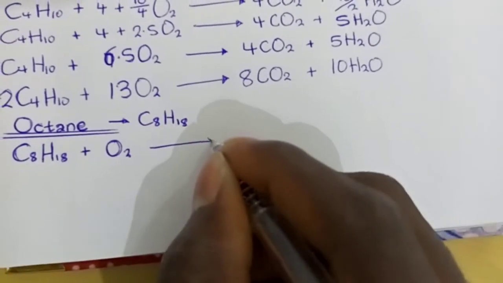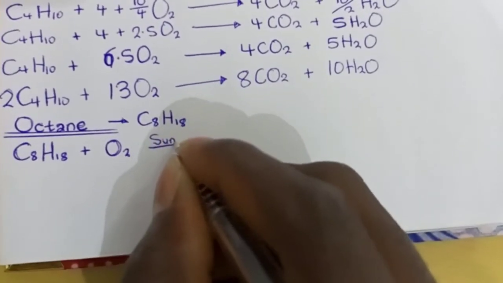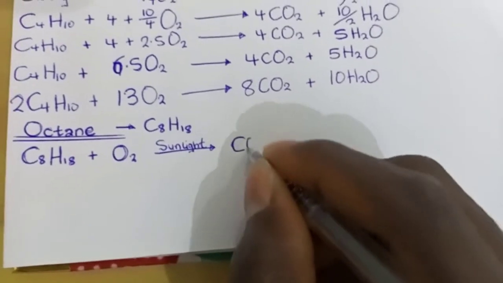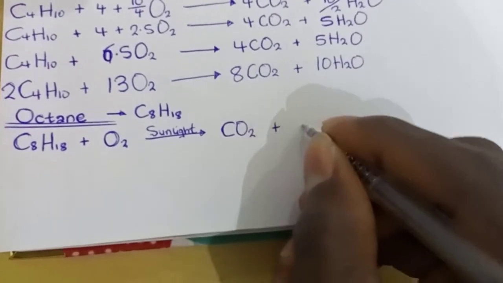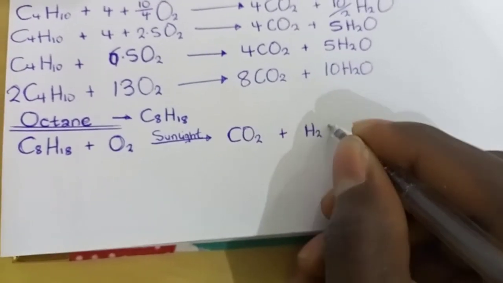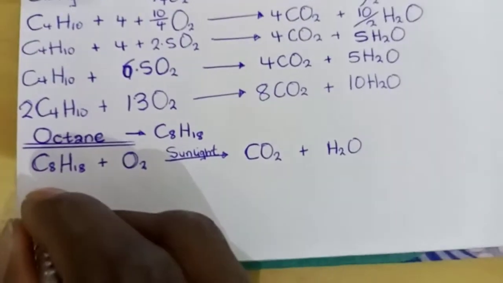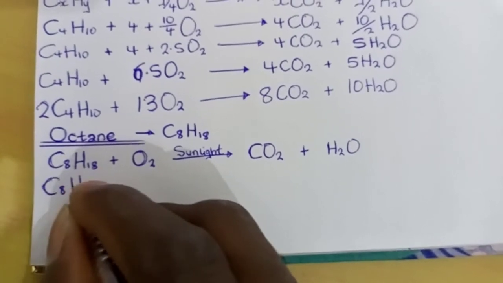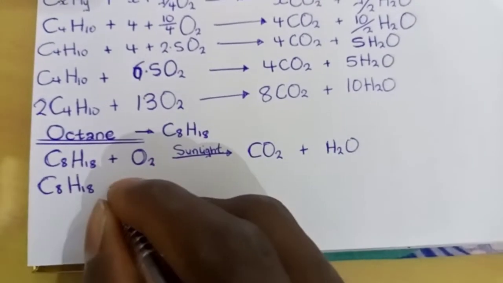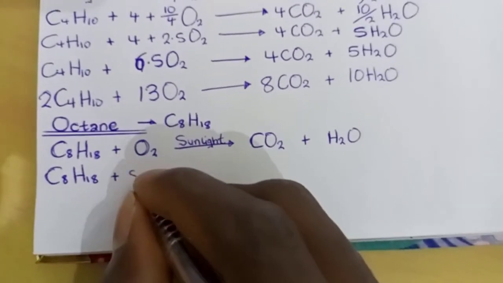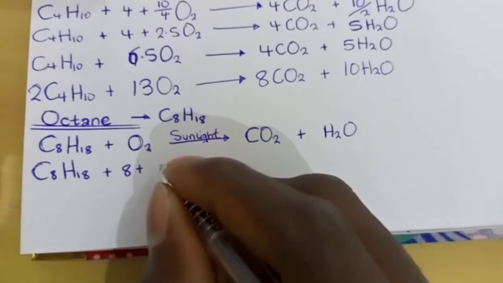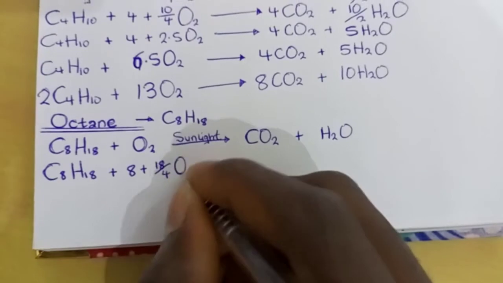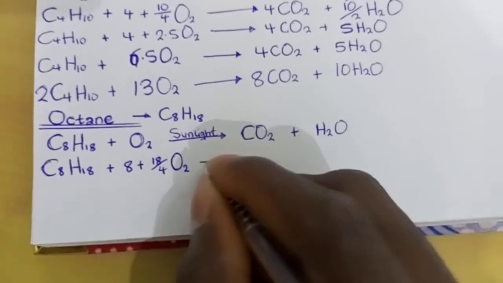In the presence of sunlight, that will give us carbon dioxide and water. So using our general formula to balance this equation, C8: so our x is 8, 8 plus our y is 18, 18 over 4 oxygen in the presence of sunlight.